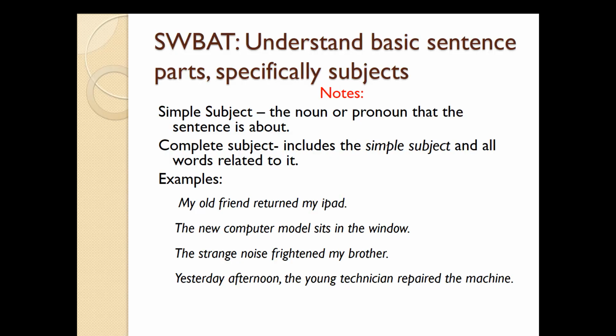If you are being asked to locate the complete subject of a sentence, you are being asked to locate the simple subject and all of the words connected to the simple subject. So this would include all of the adjective words, the words a, an, and the, which are the three articles, any words that describe the simple subject are part of what is called the complete subject.